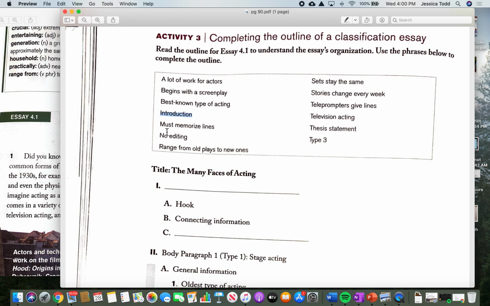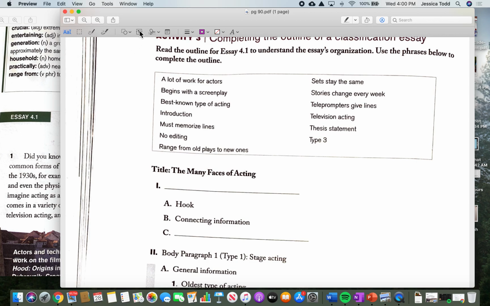Oh, introduction, right? So here where it says number 1, we're going to write the kind of paragraph that is the first paragraph. So I'm going to get my words here, and I'm going to copy down introduction, because that's my first paragraph.